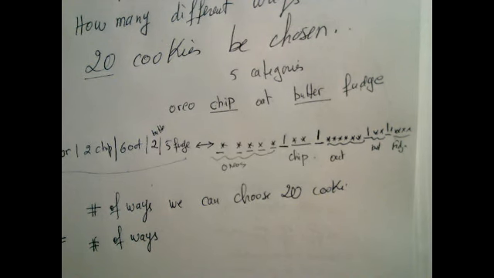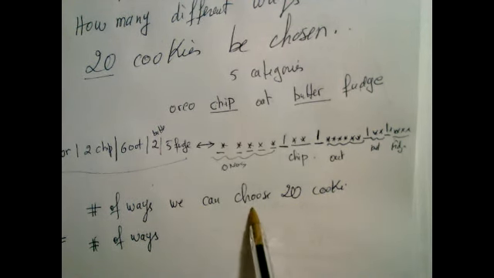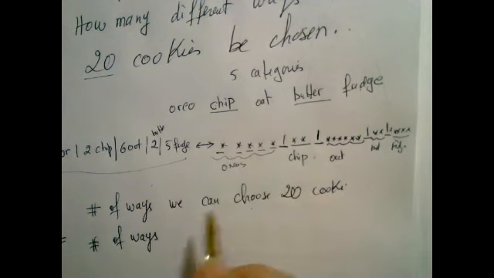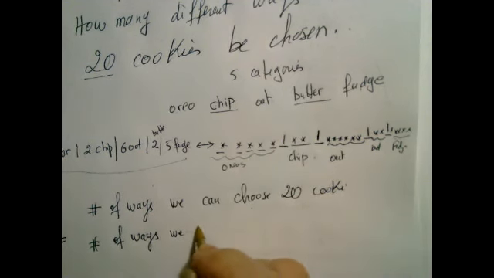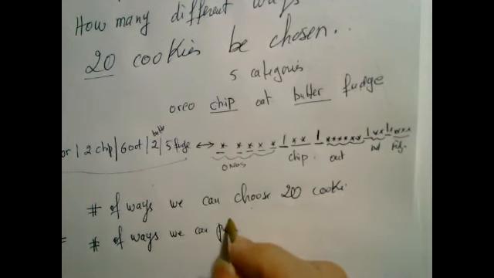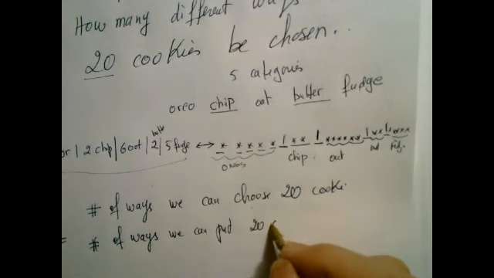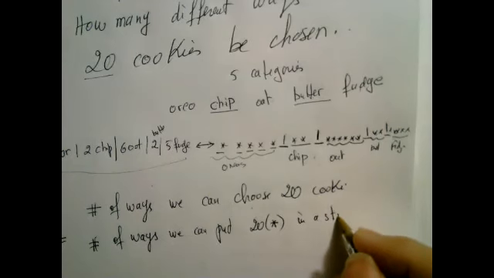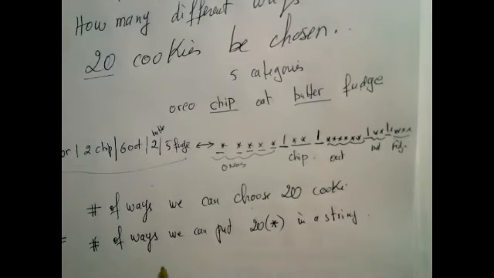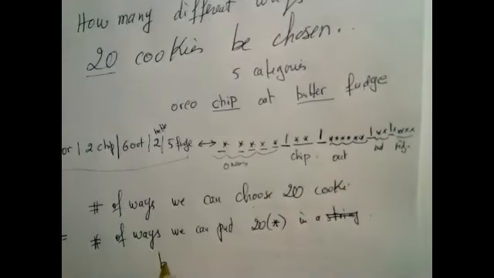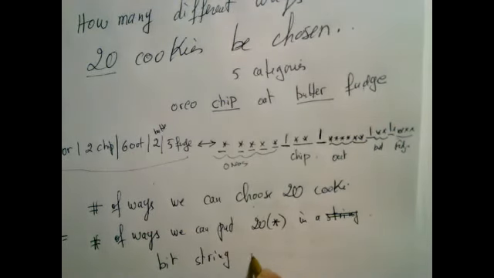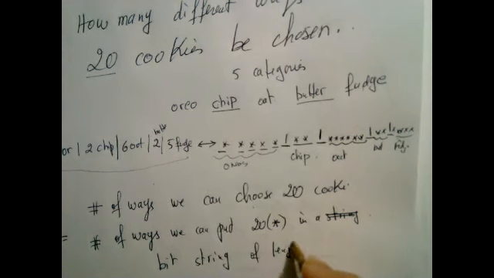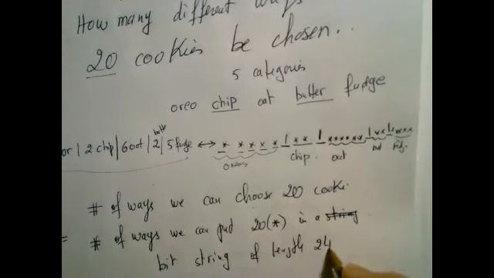And the number of ways we can choose 20 is actually the number of ways we can put 20 stars, if you want, in a bit string of length 24.